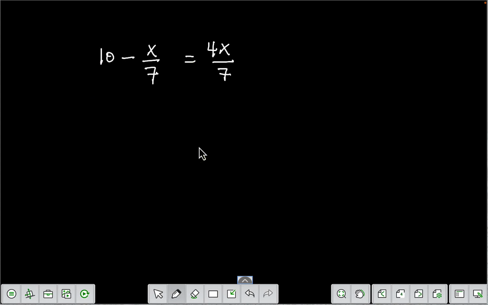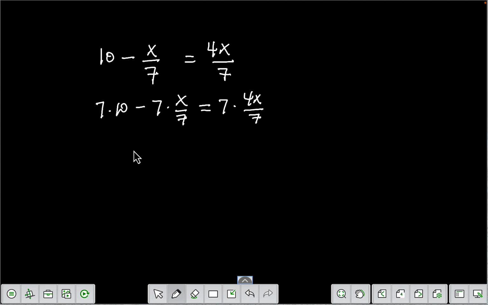All right, let's look at this problem. Again, this problem has the same denominator. That makes it a little bit easier for us to do. So here we're going to multiply by the denominator. So 7 will multiply 10, minus 7 will multiply x over 7, and then 7 will multiply 4x over 7.